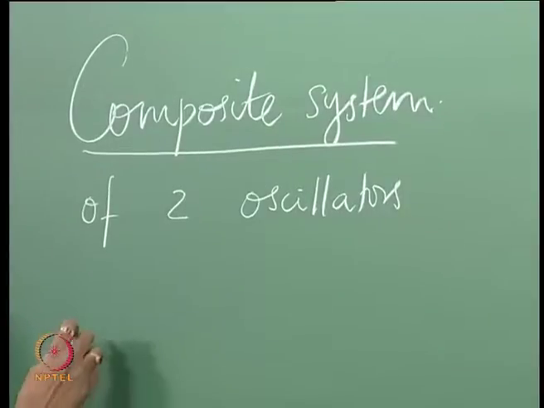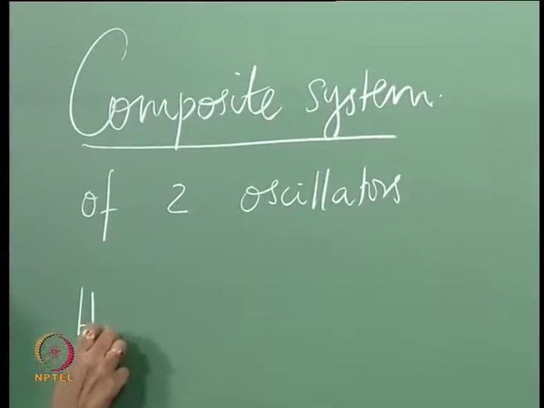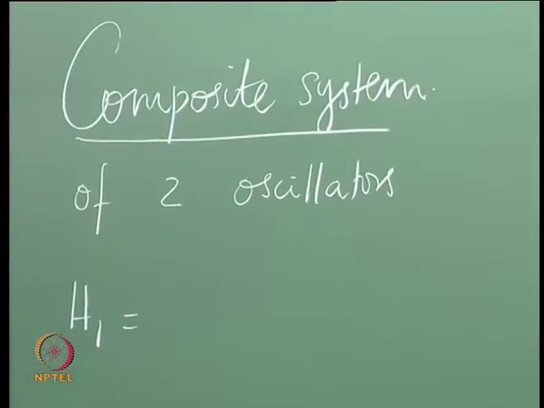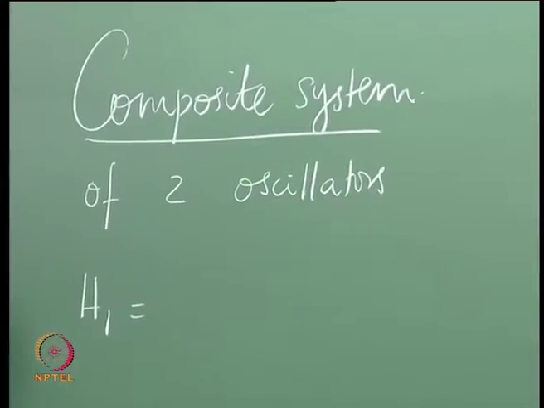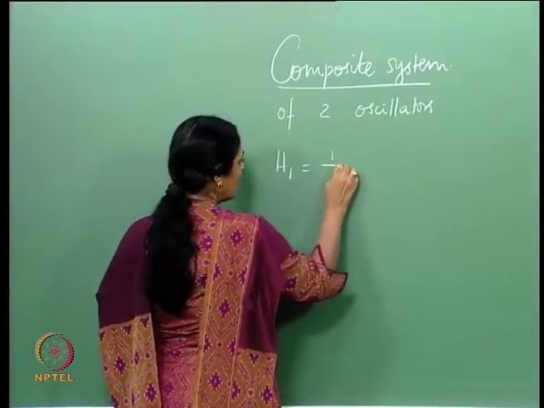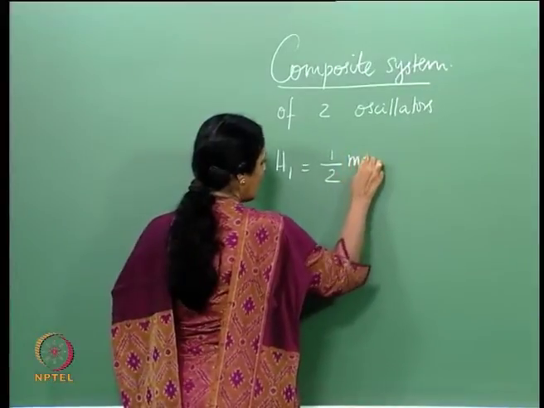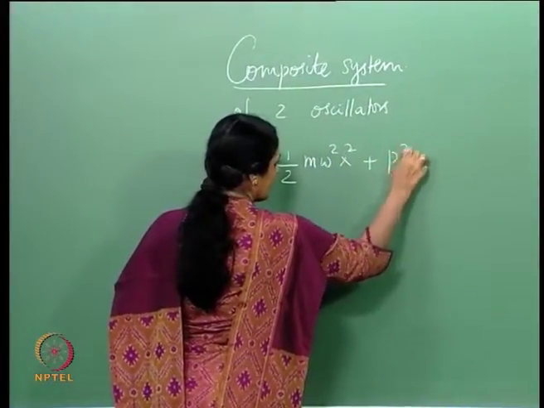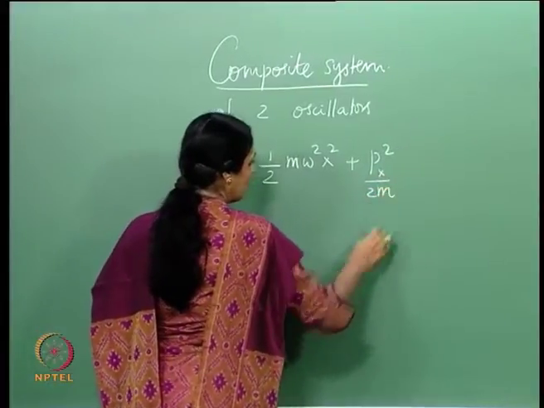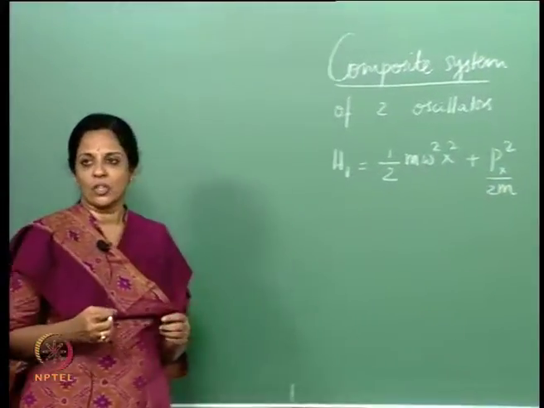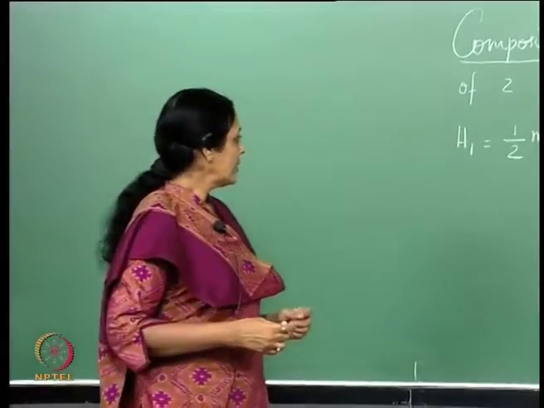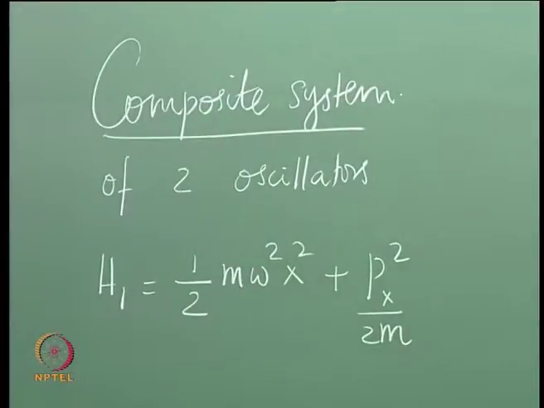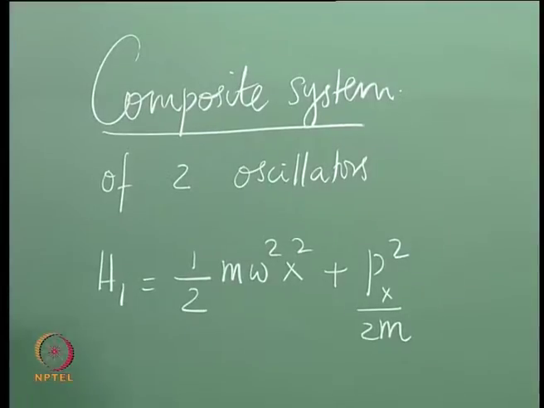As such, the Hamiltonian for the first oscillator, which I will represent by H1, is simply half m omega squared x squared plus px squared by 2m, where m is the mass of the oscillator, x is the coordinate, and p sub x is the linear momentum corresponding to the coordinate x.